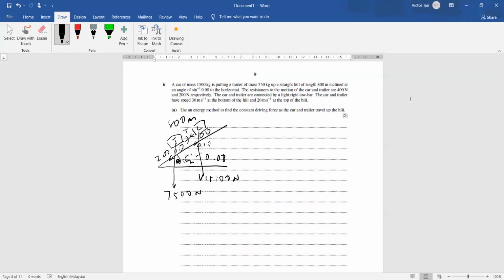The total mass is 2,250 times 10 times the height. This height here is 800 sine theta, which equals 800 times 0.08, which is 64.